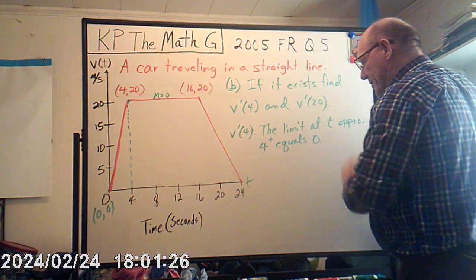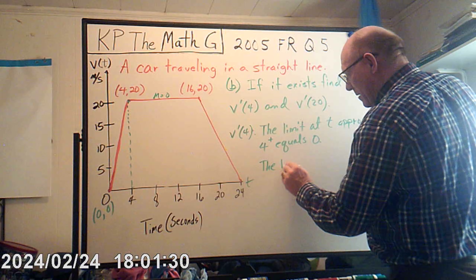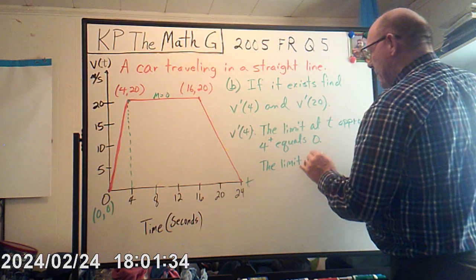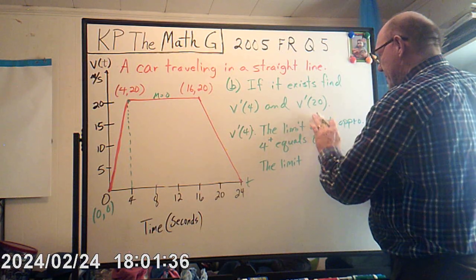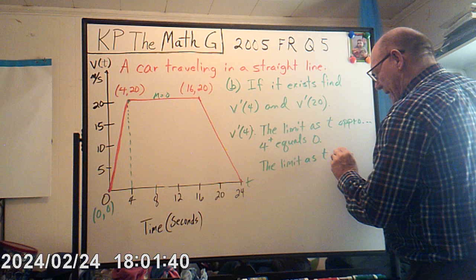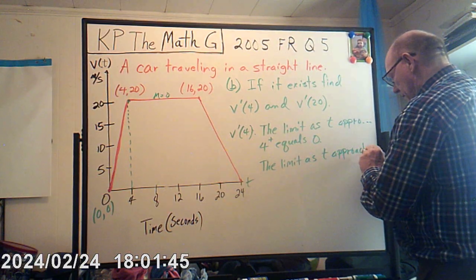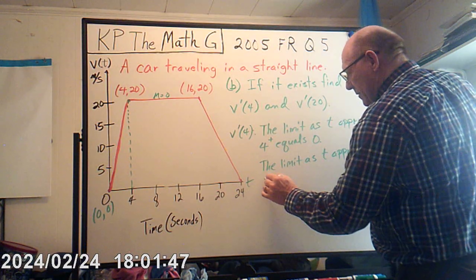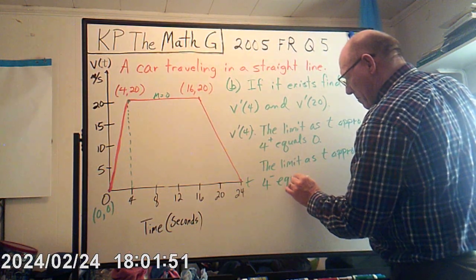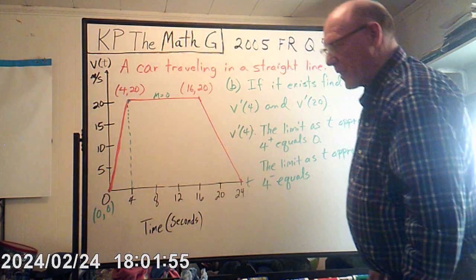In like manner, as t approaches 4 from the left equals something, but it's certainly not 0, is it?